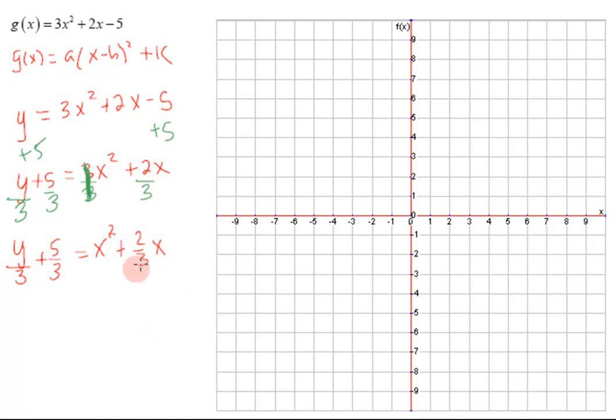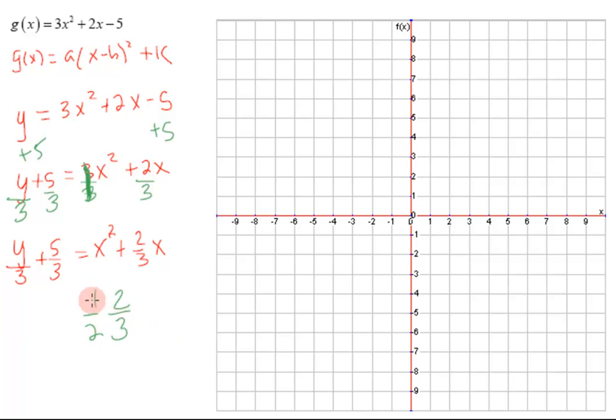Okay, now yeah, it's a little tough because I'm going to take half of this and square it, but let's do it. Half of 2/3, remember, is just multiplying by a half. So let me just show you here and I'll erase it. 2/3 times a half. That's half of 2/3.